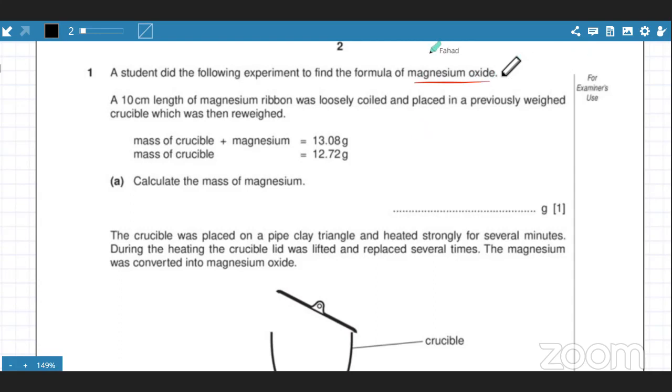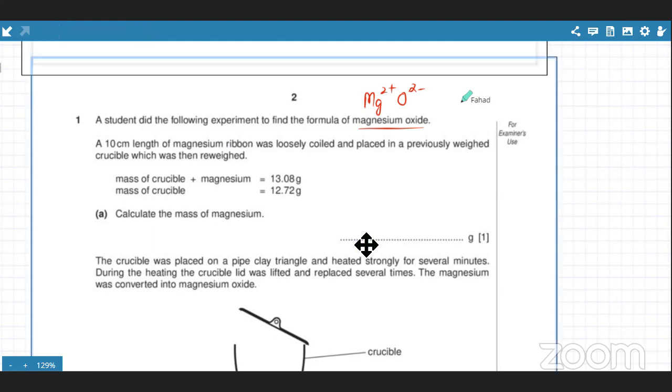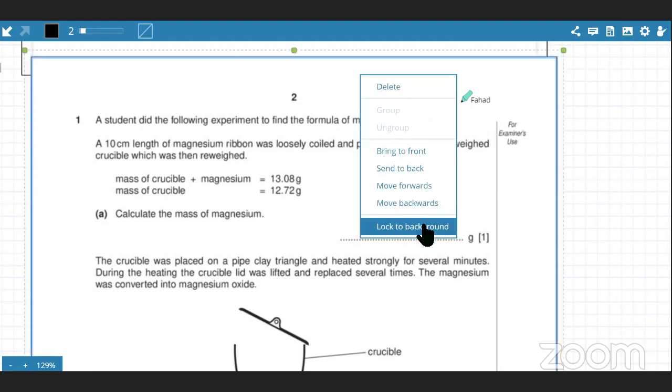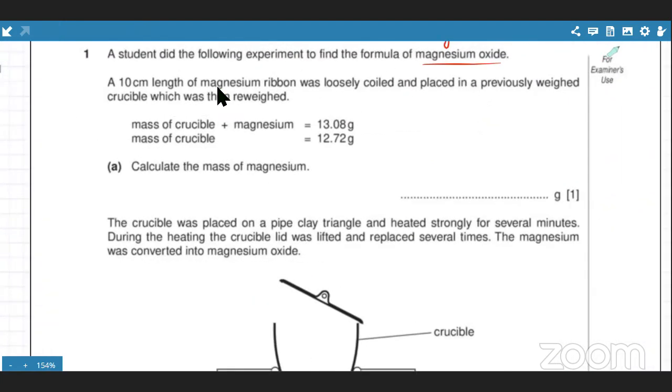Mg is group 2, so it's always 2 plus. O is group 6, so it's 2 minus. So it has to be, at all costs, MgO. There's going to be one Mg and one oxygen, but we have to do this experimentally. So we're going to ignore that for a second.